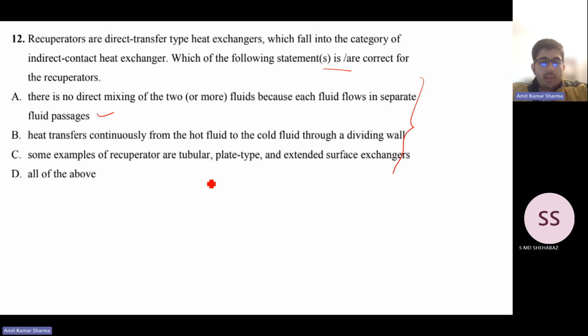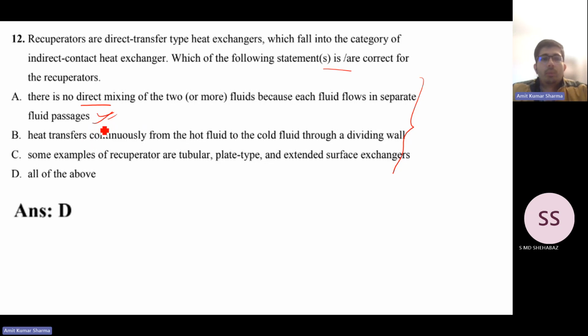Do we have any answer? Answer D, sir. Yeah, nice. So the correct option is D because we know that in recuperators there is no direct mixing of the two or more fluids because each fluid flows in their separate fluid passage. So they are having tubes and shell you can say also.